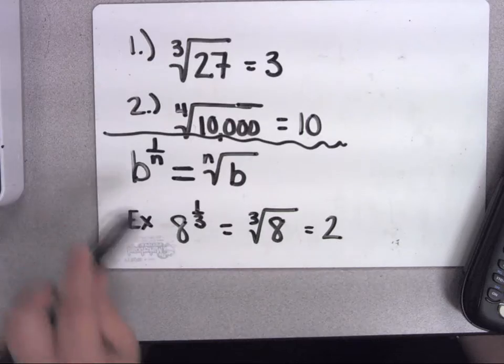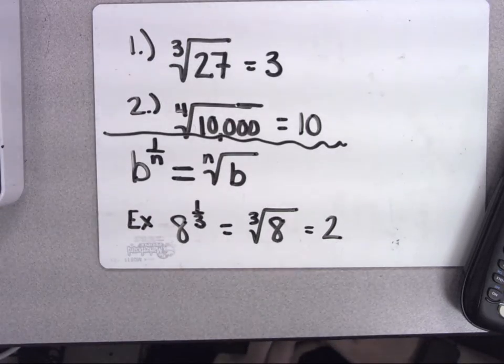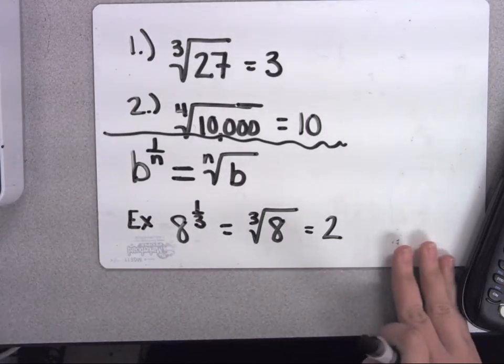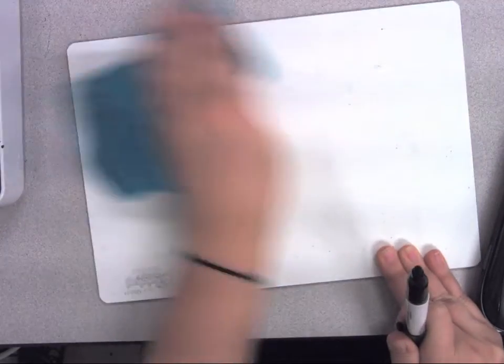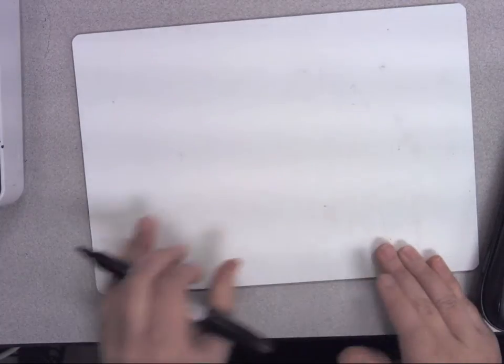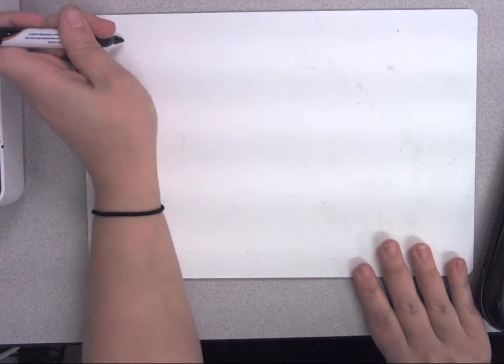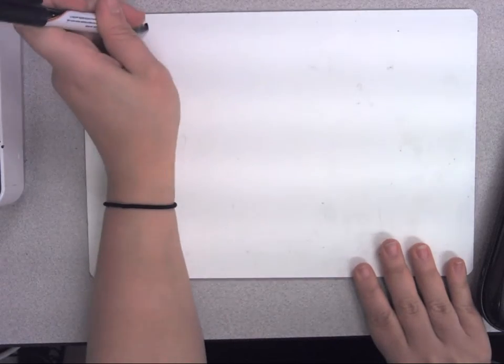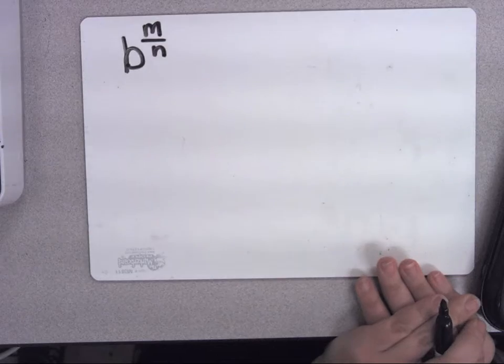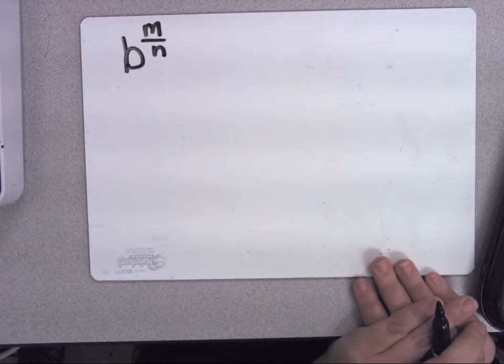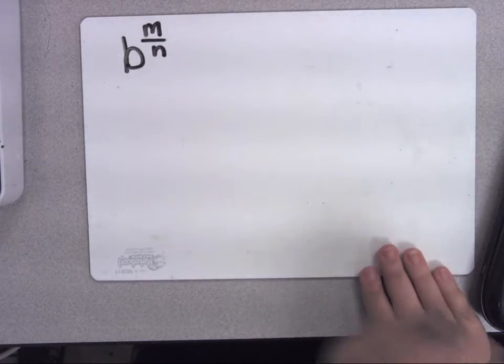So now we've seen it when it's b to the 1 over n. Let's look at it when it's not 1 over n. So we're going to erase this and do, I think it's the next to last note. We're going to have b to the m over n. This can be written 2 different ways.